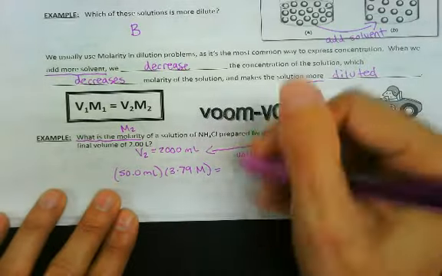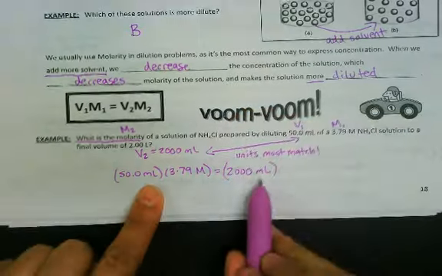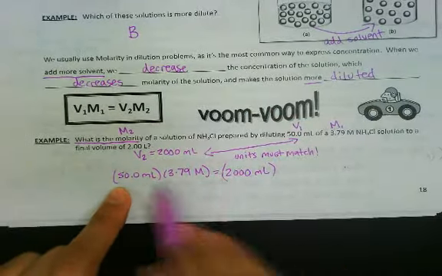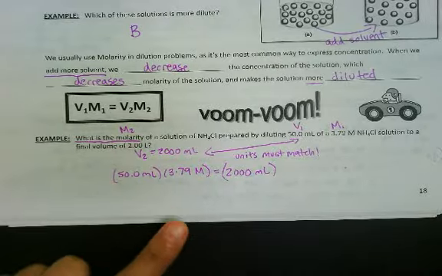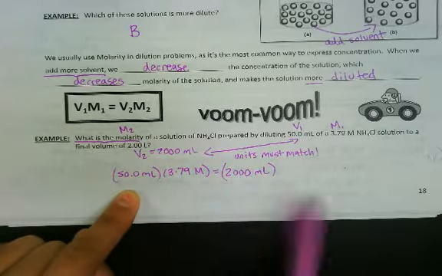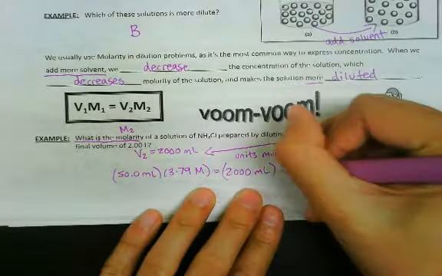And we know that our V2 is 2,000 milliliters. Again, I like to include my units just so I don't accidentally forget to convert. Including the units helps you remember, hopefully, to convert there at the end.